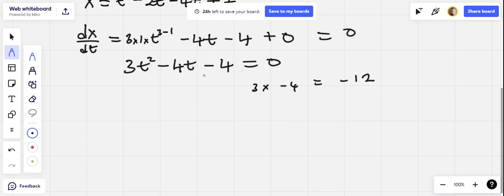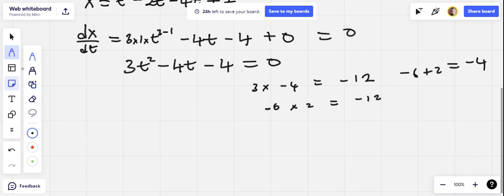Then we look for two factors of minus 12 that when we multiply them give minus 12, and when we add them give minus 4. I look at 6 times 2, which gives 12. Minus 6 times 2 gives minus 12, and minus 6 plus 2 gives minus 4. So our factors are minus 6 and plus 2.